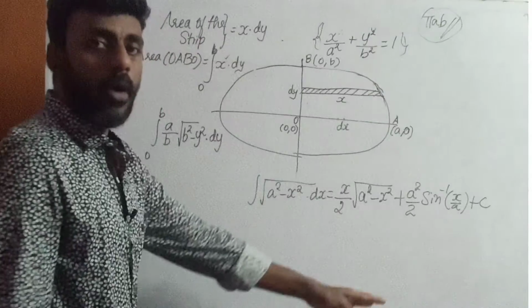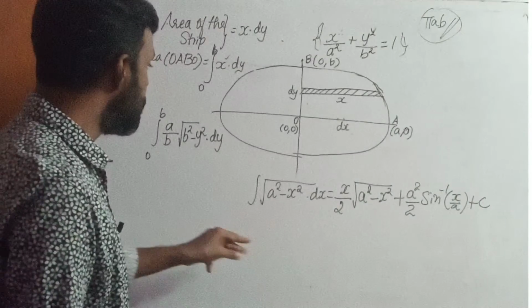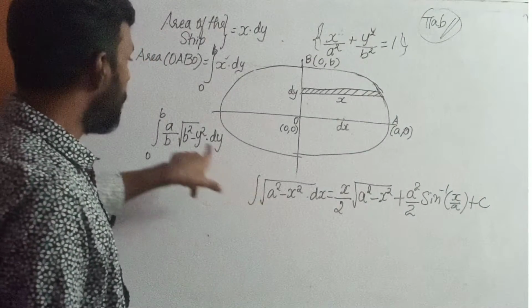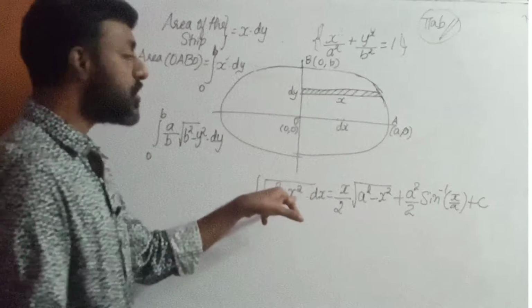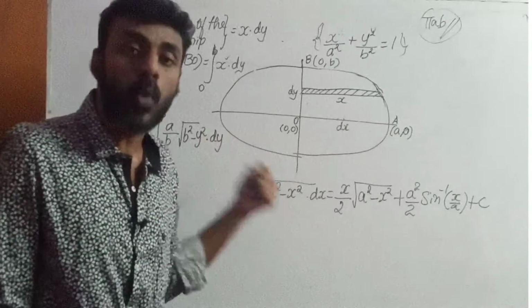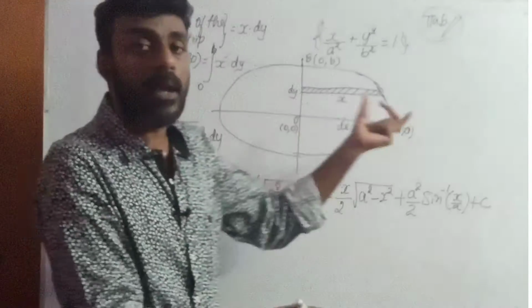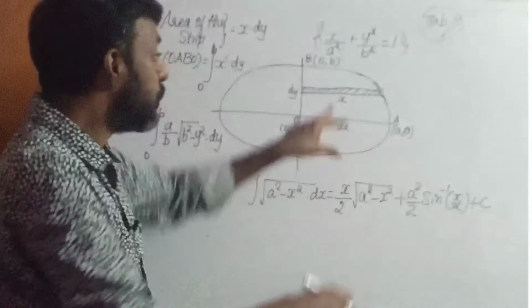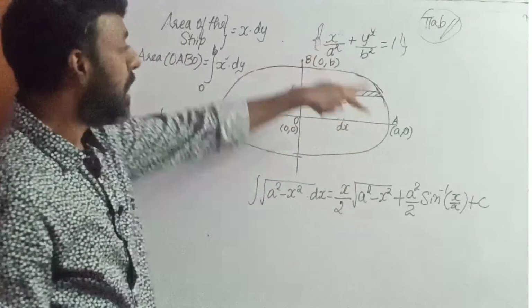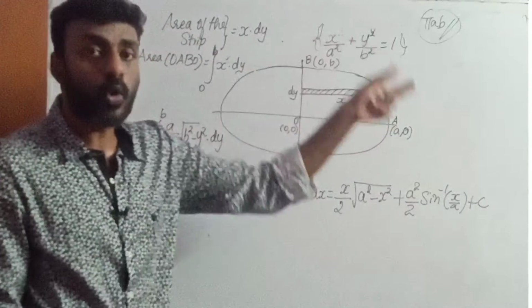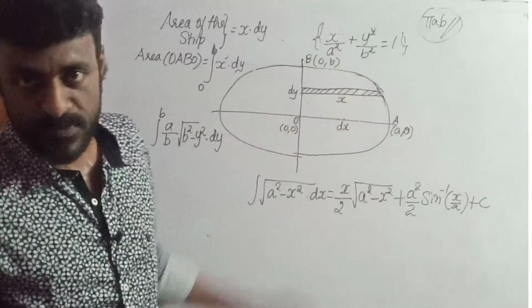This is the general formula. Now, instead of a, I'm going to substitute b, and instead of x, I'm going to substitute y. If I do it, I'll be able to get the area of the first quadrant, and if I multiply it, I'll be able to get the total area bounded by the ellipse, right?